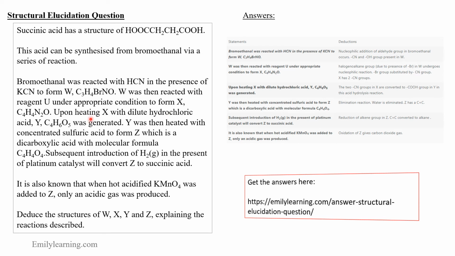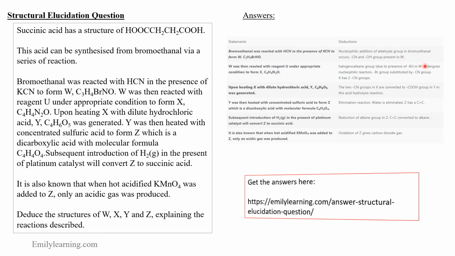Next I will go on to the next statement. W was then reacted with U to form X, and X has this formula. Once I write this down, what I can conclude is that it involves the halogenoalkane group. To go from W to X, I lose a Br and gain a CN. In other words, it is a substitution of the Br group with a CN, and this is a nucleophilic substitution reaction.